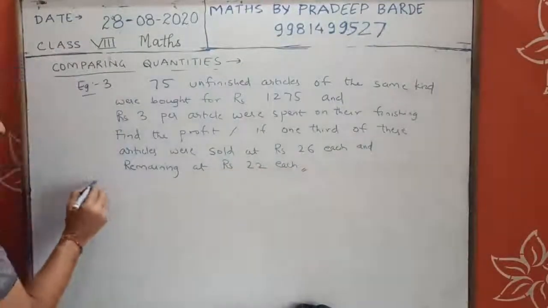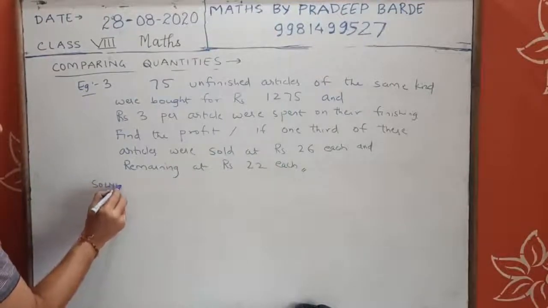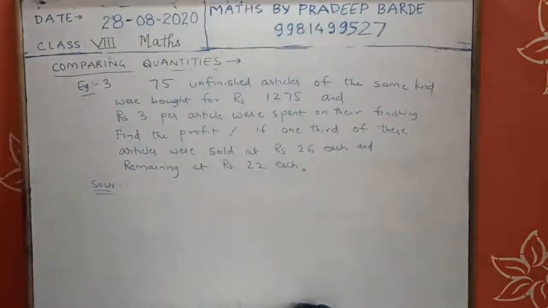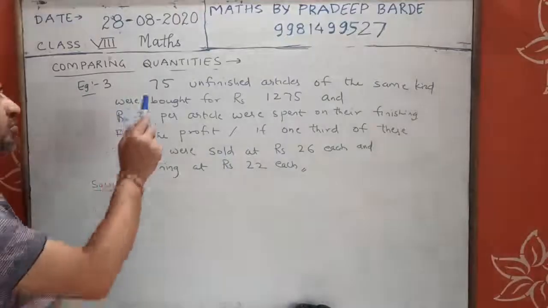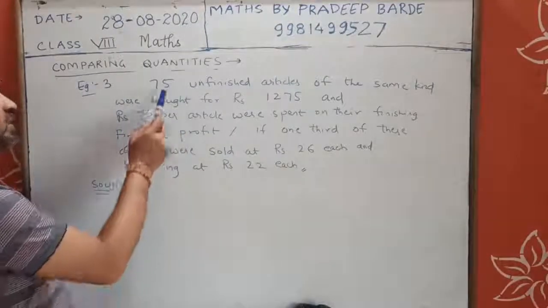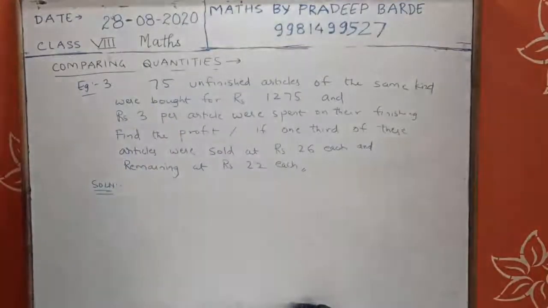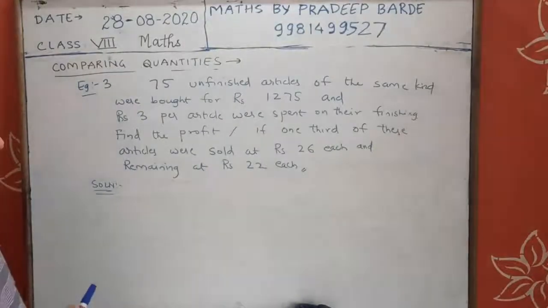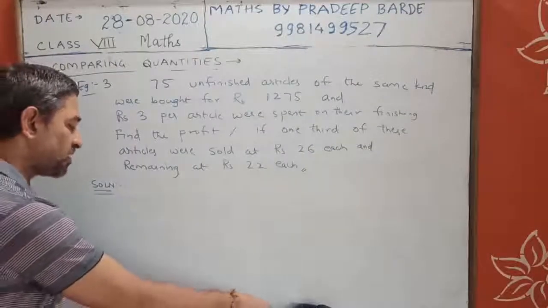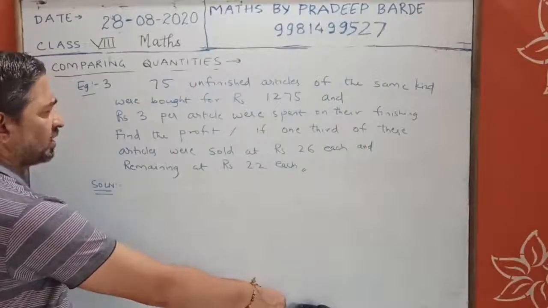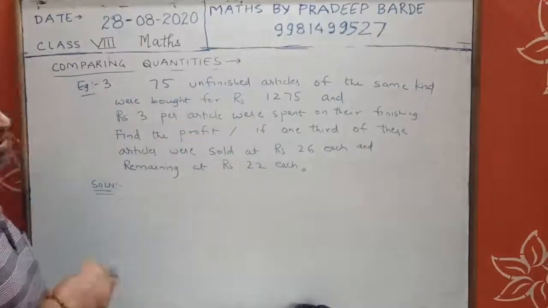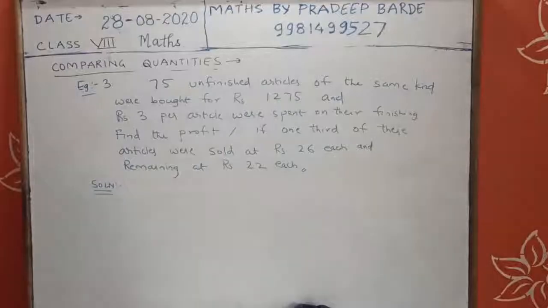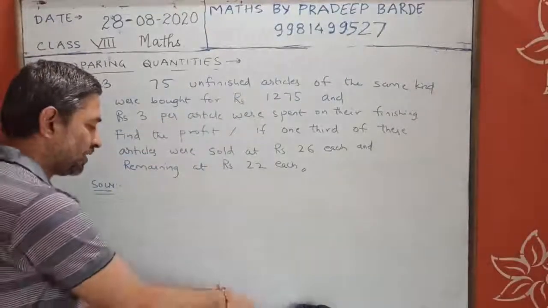अब पहले इस क्वेश्चन का मतलब समझ ले बच्चों, then we'll solve this question. See, the total number of articles is 75. 75 unfinished, मतलब proper finishing नहीं हुई थी और परचेज कर लिए rupees 1275. So this is the cost price actually.